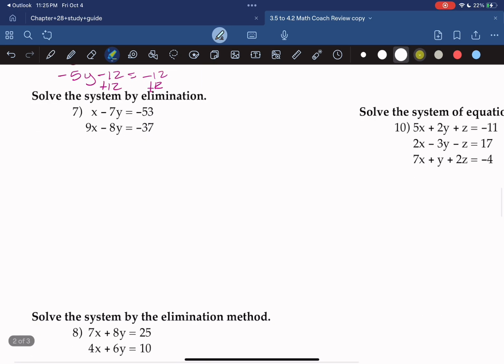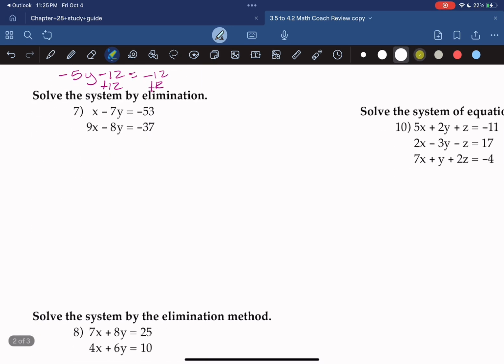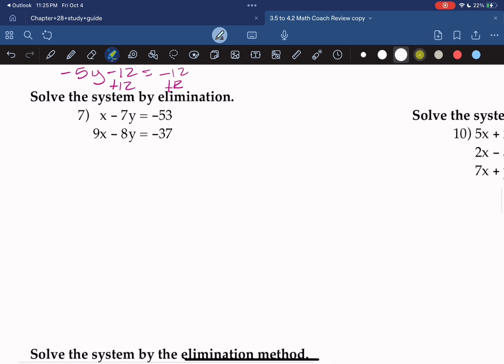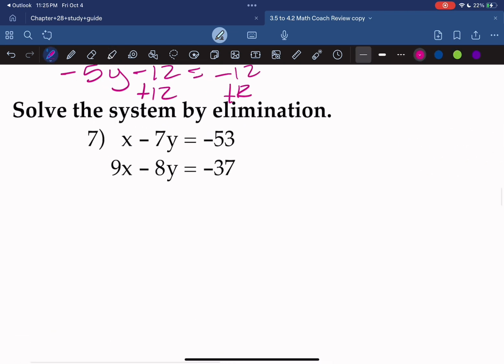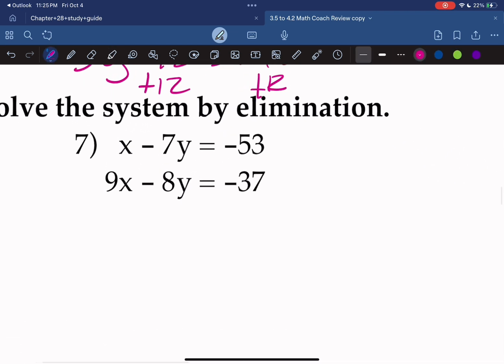Now for number 7, it says solve the system by elimination. In elimination, we have to try to cancel out factors. So I think the easiest one to cancel out would be x because it's here by itself, so we can multiply it by anything really. And since we're going to try to cancel x, here's a positive 9x.